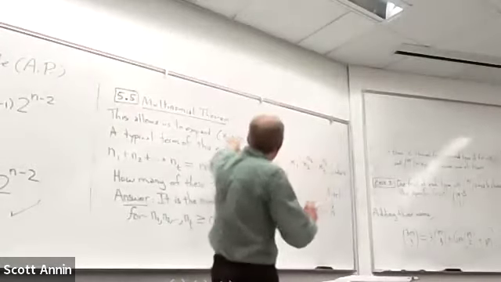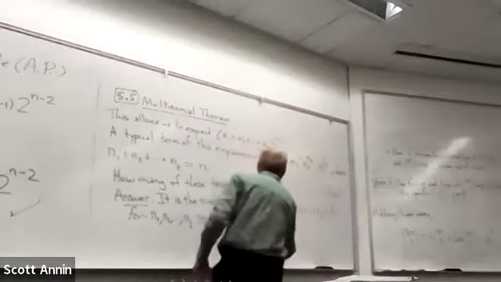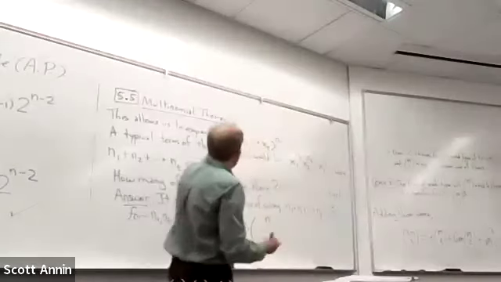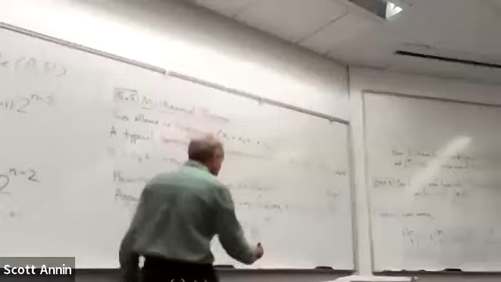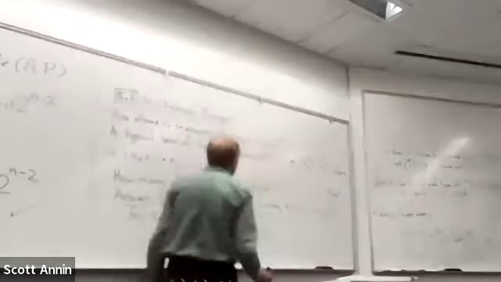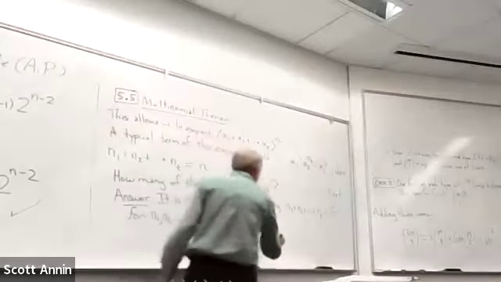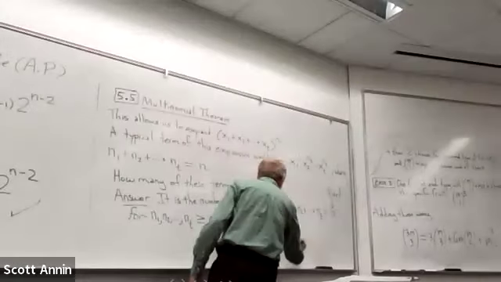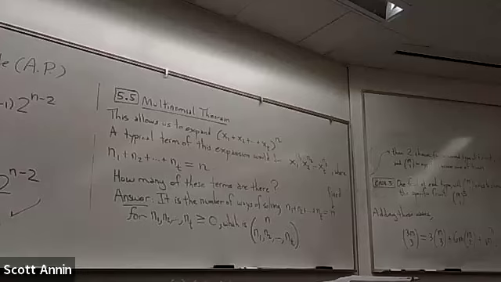I have n of these factors. I'm going to choose n1 of them to grab the x1 from. And then I'm going to choose n2 of those factors to grab the x2 from. And so on and so on up to nt. This is the multinomial coefficient that I'm talking about.